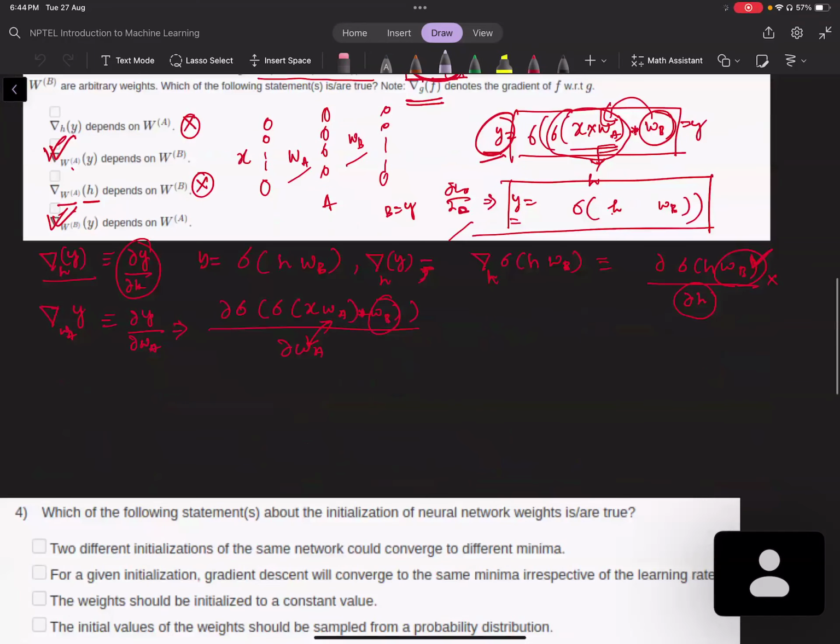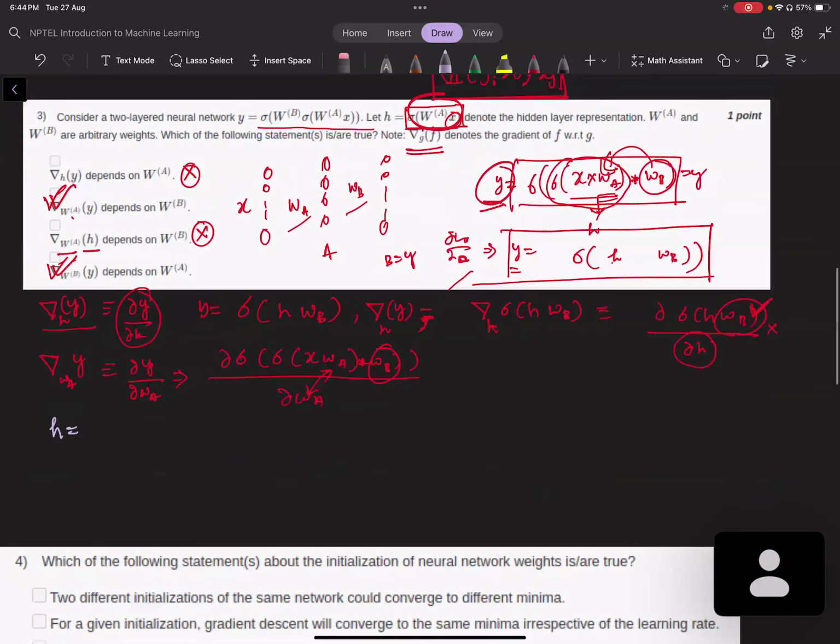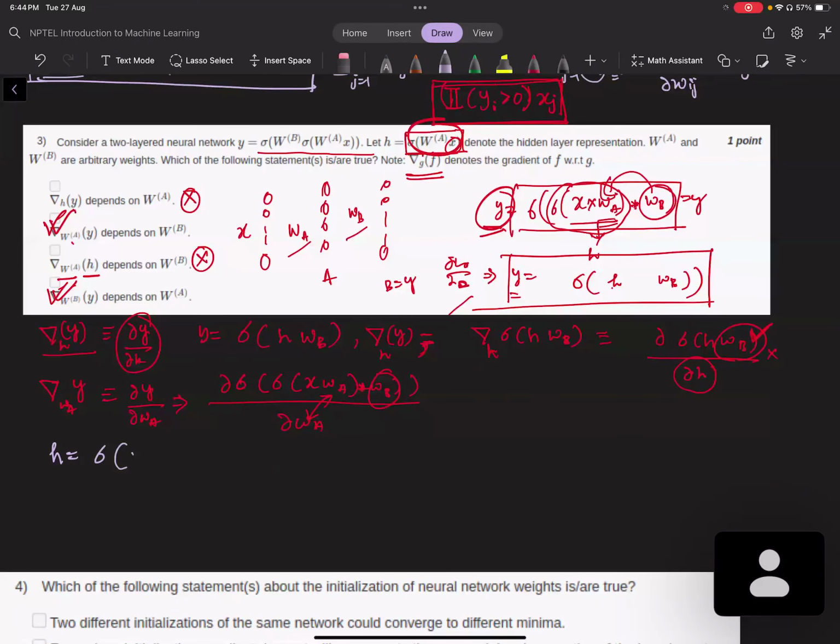So my H is sigma WAX, right? It's not exactly correct because it should be written as partial derivative, but just for understanding I'm writing dou H by dou WA. It will be dou sigma WAX by dou WA.